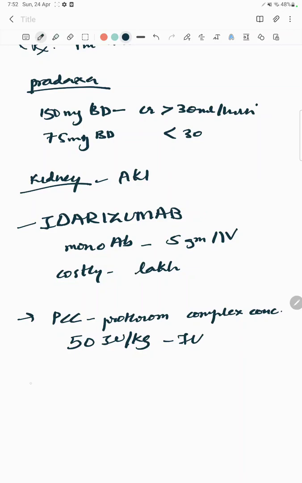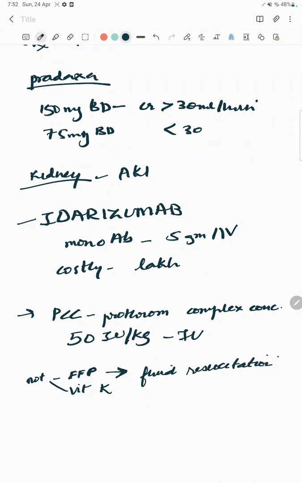You do not use FFP or vitamin K, because it won't help you. FFP can be used sometimes in rare emergencies when you don't have either PCC or the antidote, but it only serves as fluid resuscitation and is not much help here.